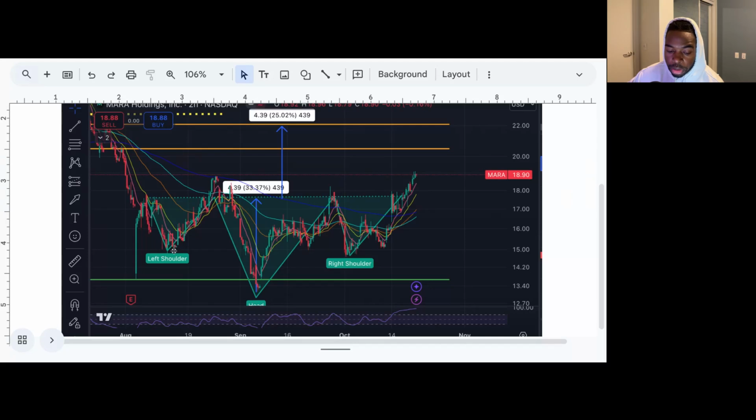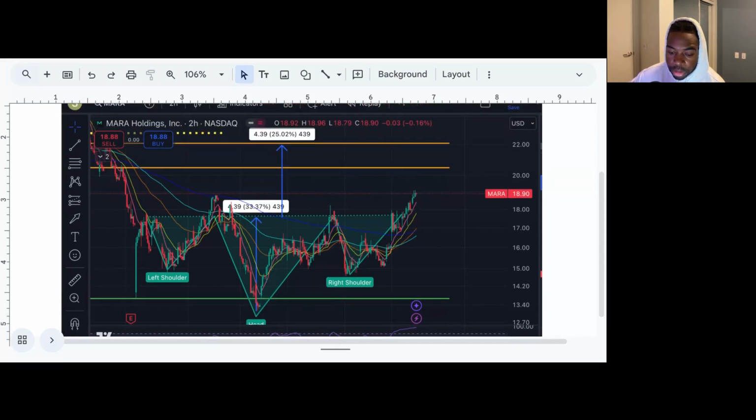So we go from a low to a lower low to a higher low. So this structure, the inverse head and shoulders, is pretty much a good sign of a market structure shift. Going from lower lows, getting in this downtrend, to now, hey, this is the start of an uptrend, and it's a really good start of an uptrend.